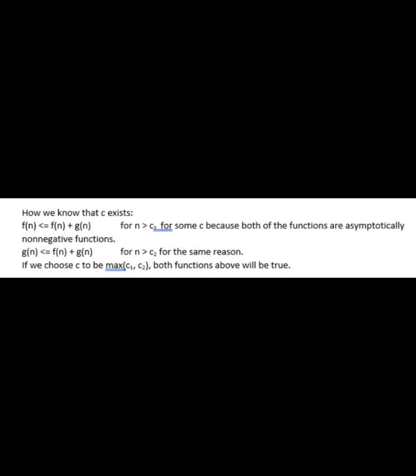And we'll call that c2, the point where the equation is true. And then, so yeah, if we just choose the higher of c1 and c2, use the max function on that, both equations will be true because they're both true at that point. So yeah, we have the c. c is just max of c1 and c2.